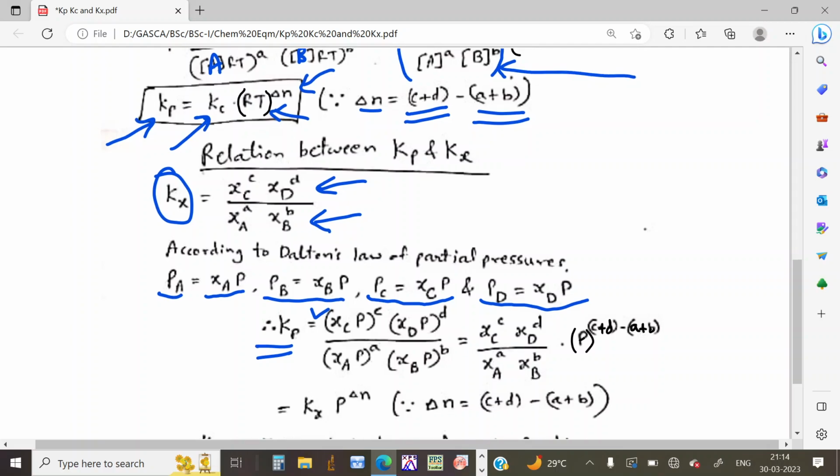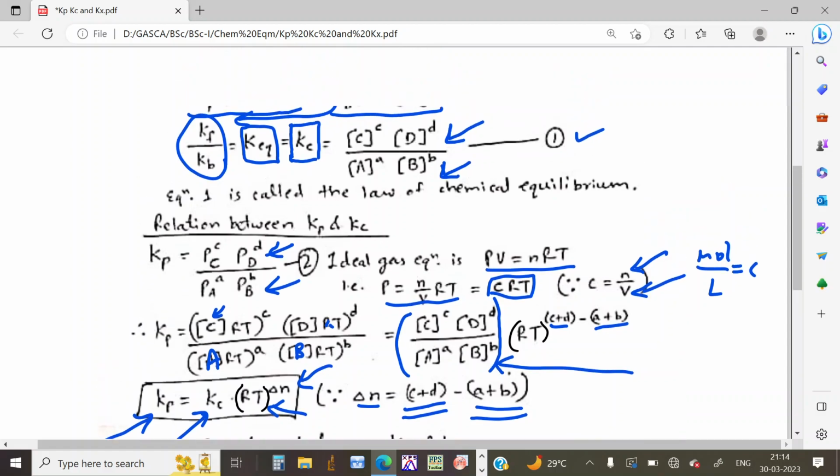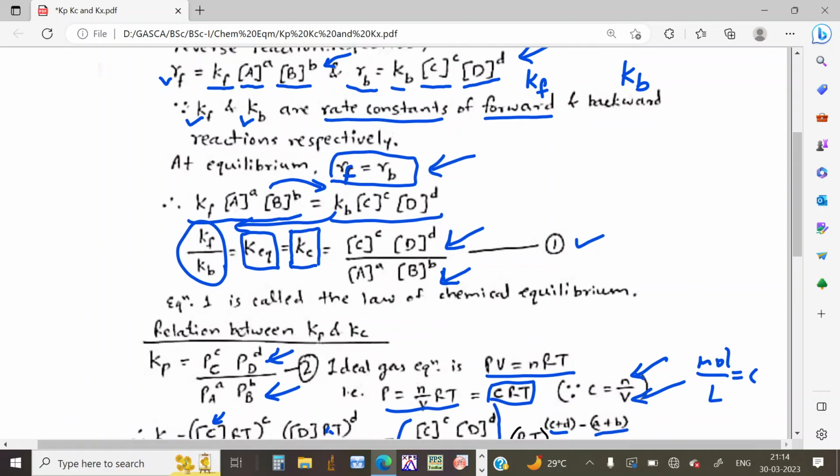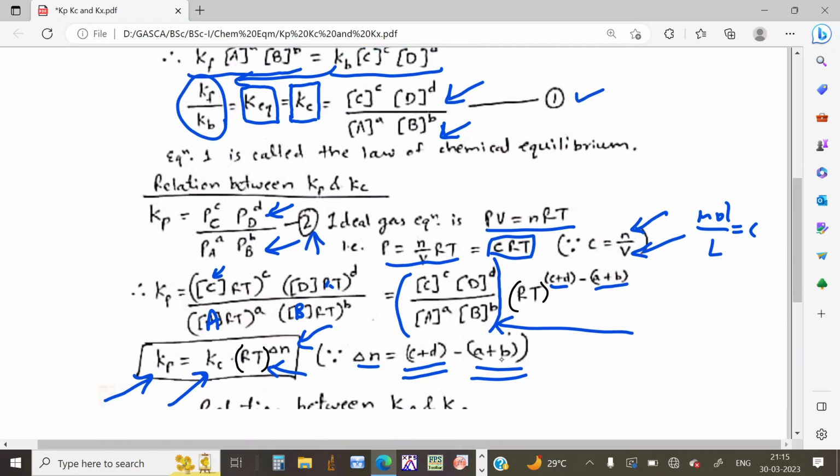You can see the equation number 2. Okay. Partial pressure of C raised to c into partial pressure of D raised to d divided by partial pressure of A raised to a and partial pressure of B raised to b.